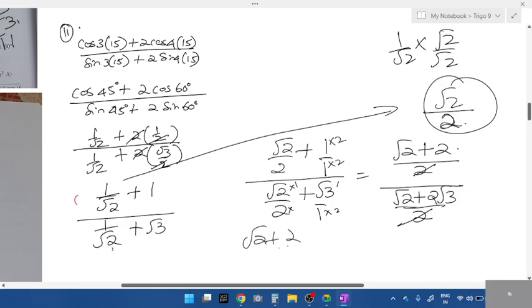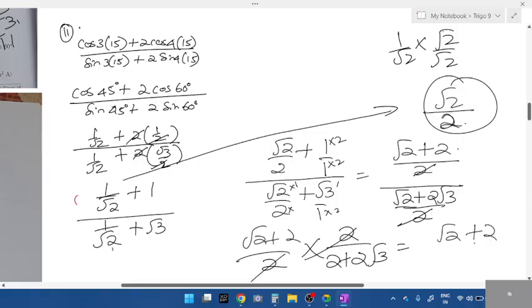Root 2 plus 2 divided by 2 into, you can write it as 2 divided by 2 plus 2 root 3. Root 2 gets cancelled. What is left? Root 2 plus 2 divided by 2 plus 2 root 3. You complete it till here. There is one more step. I'll teach that tomorrow. Along with that, there's one more step. I'll teach it tomorrow.